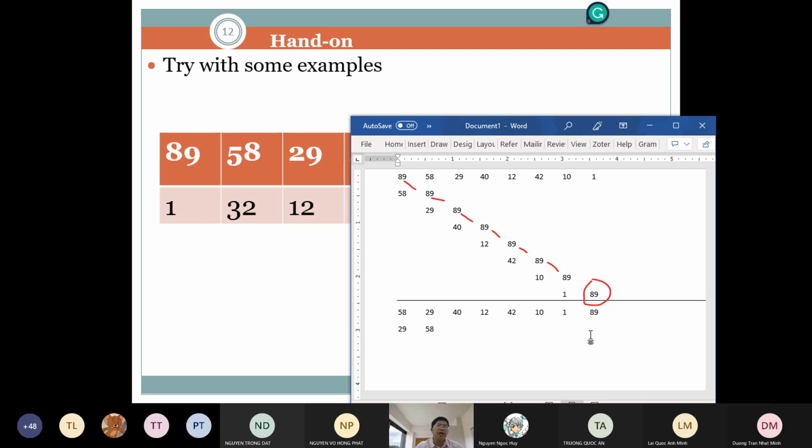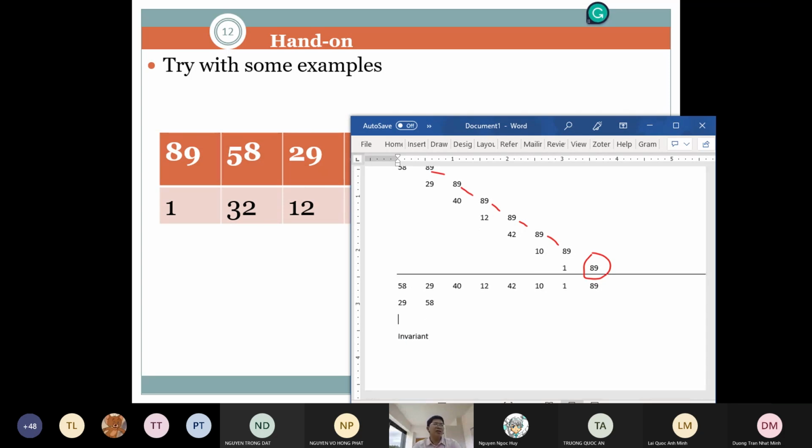And in any algorithm, people have one notion. We call it an invariant. Okay, an invariant is something that will be true during your execution. In this case, what is the invariant? I mean, what will be true after each iteration of the bubble sort algorithm?